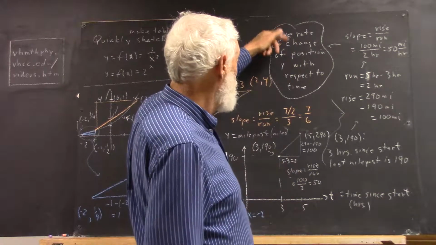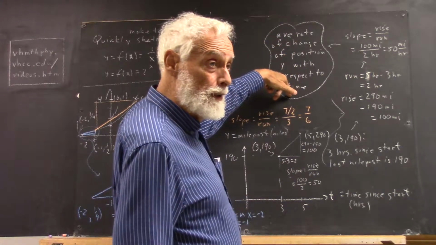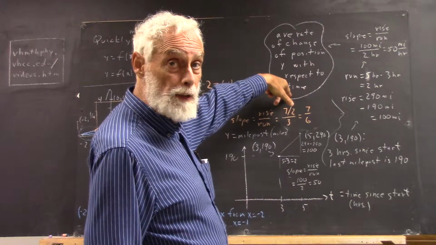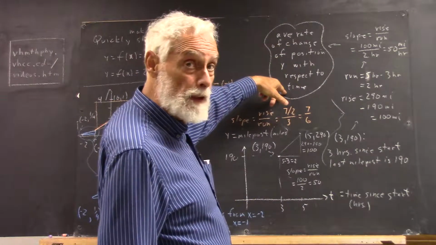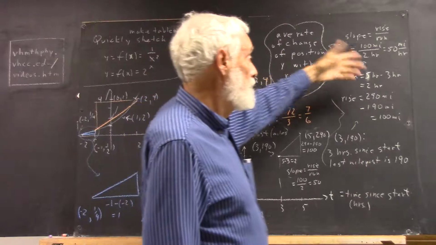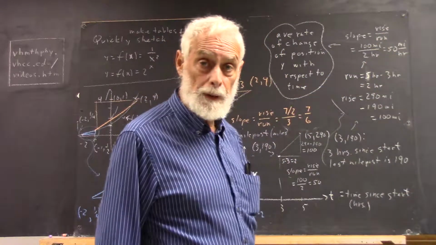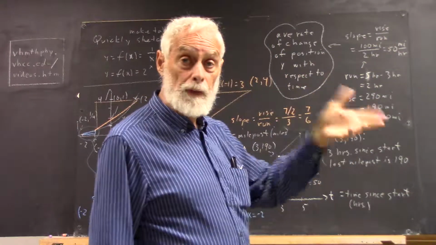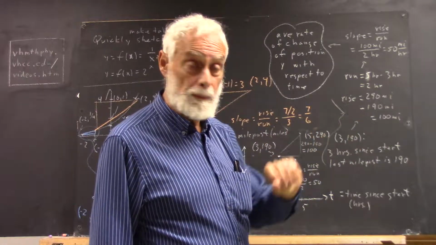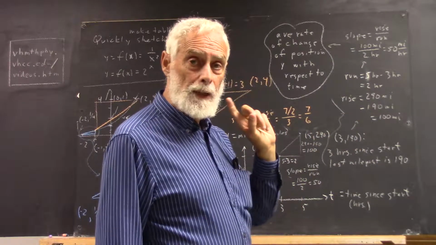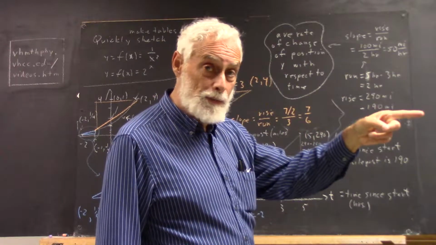An average rate of change of position with respect to clock time is what we call a velocity. It's the definition of velocity. Now you know that's a speed, you think of it as a speed, and in this case it's actually a velocity, which is speed with direction. We're going 50 miles an hour in the positive direction.